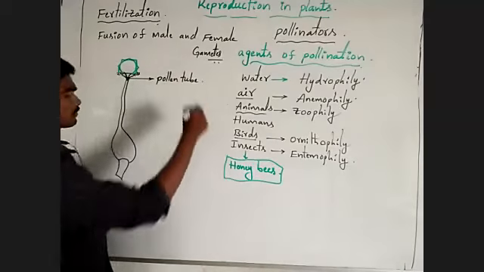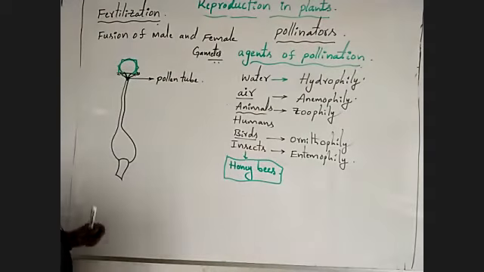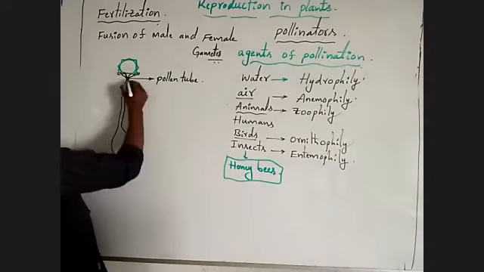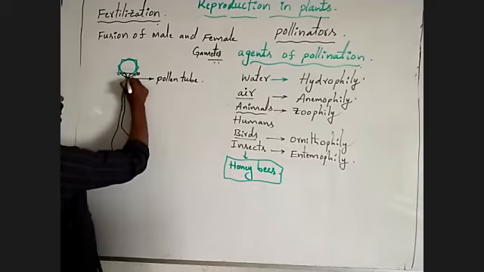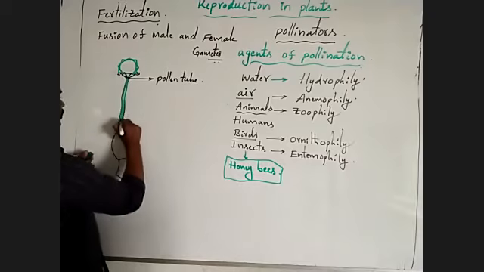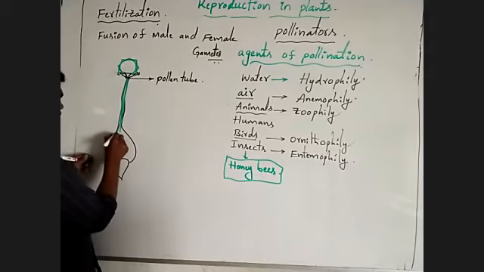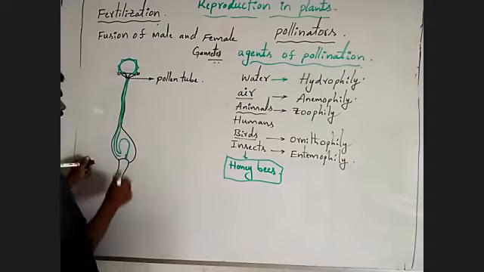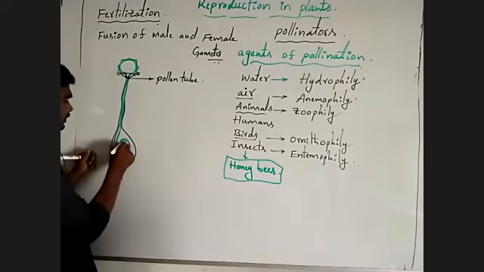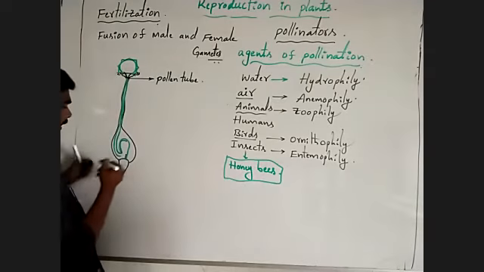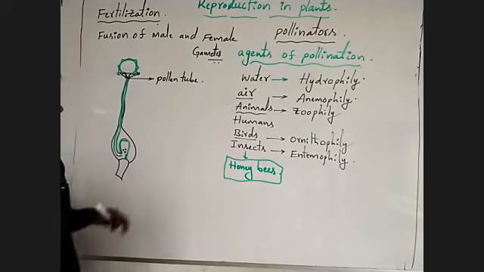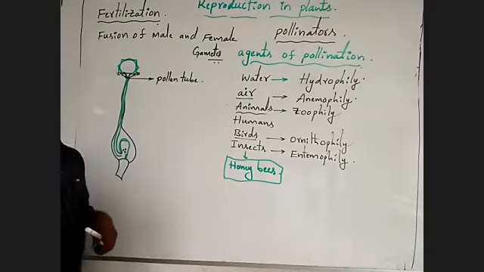Next, the pollen tube grows towards the ovary and ultimately sends the male gametes into the female structure.